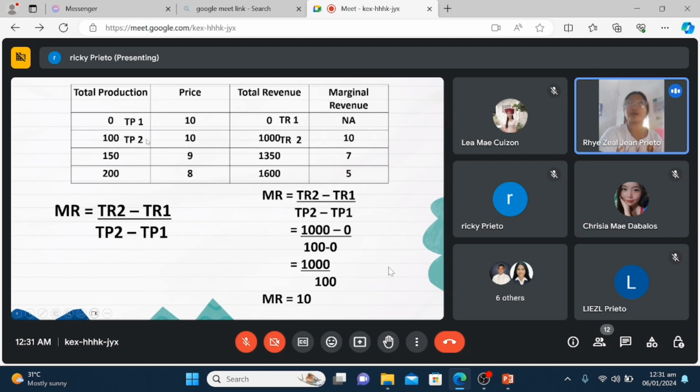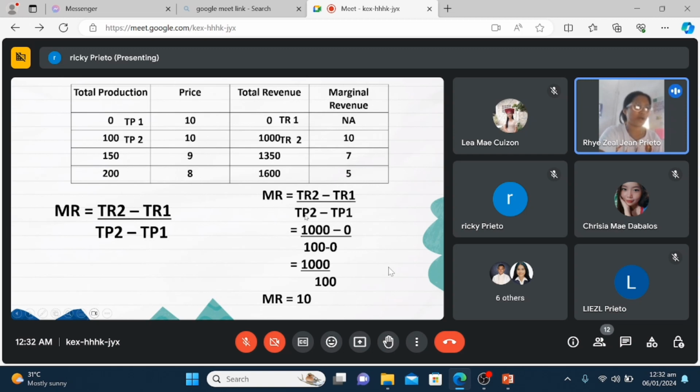It is the same as what Sir Tagod taught us on how to calculate price elasticity. So the TR2 is 1,000 minus the TR1, which is 0.